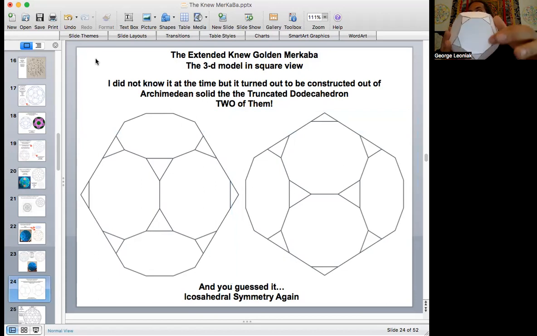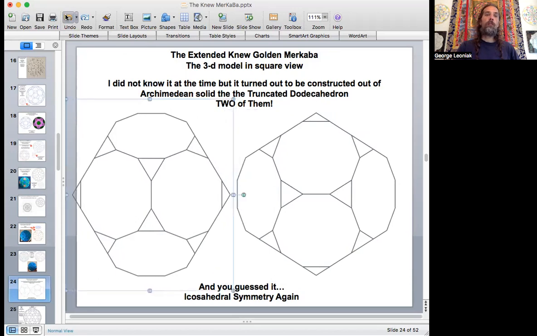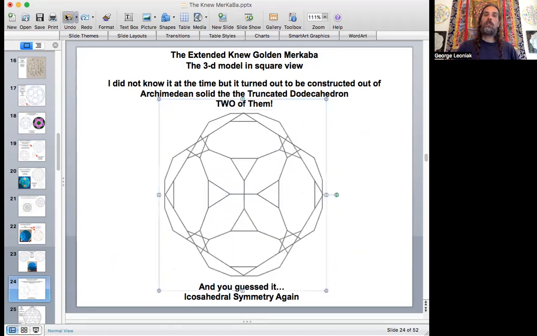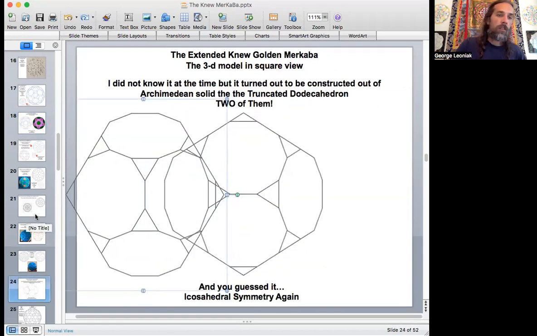And yes, these are all regular equilateral triangles, because they're equilateral, and regular decagons. And to me, that was amazing that it created the underlying structure of what I created was the two truncated dodecahedron. Let's get back to that one.